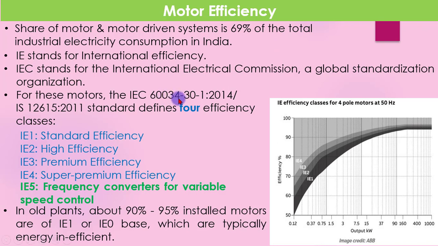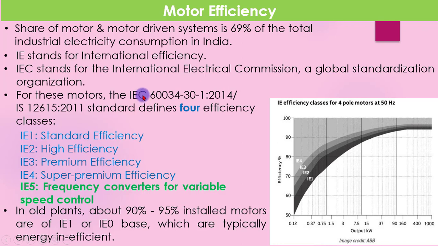The new internationally standardized energy efficiency classes relate to three-phase asynchronous squirrel cage induction motors. The induction motors are classified on the basis of their efficiency levels as per IEC 60034 Part 30-1:2014 and IS 12615:2011.